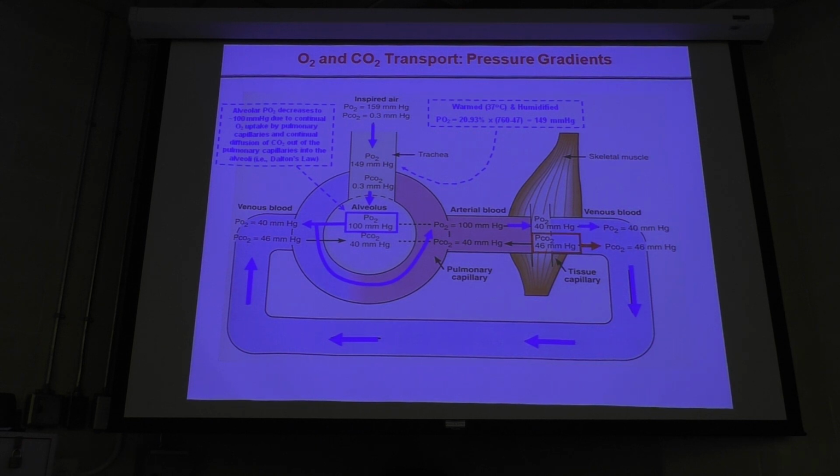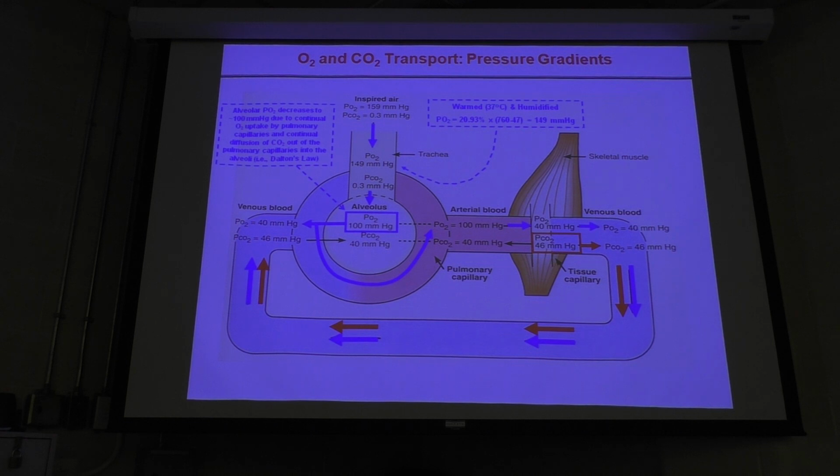Carbon dioxide at the level of the tissue is being produced. So again, we're getting, say, a PCO2 of 46 millimeters of mercury. In this case, the carbon dioxide will be transported through the venous system back to the lung, where the mixed venous PCO2 will be higher than the alveolar PCO2, and you will have a concentration gradient in this case of just about 6 millimeters of mercury, because now you have an alveolar PCO2 of about 40 millimeters of mercury.